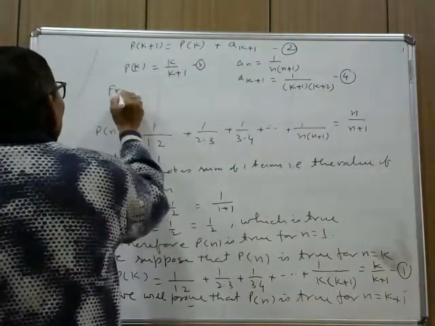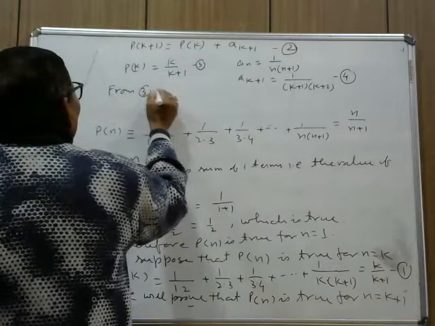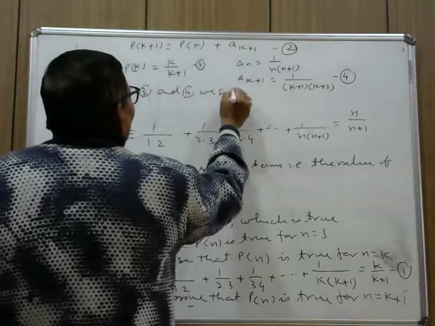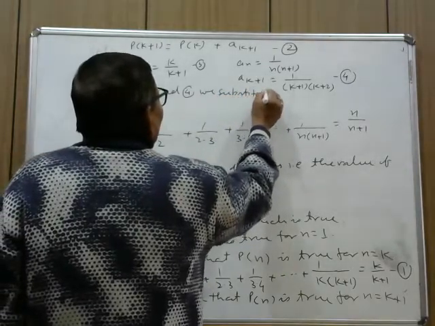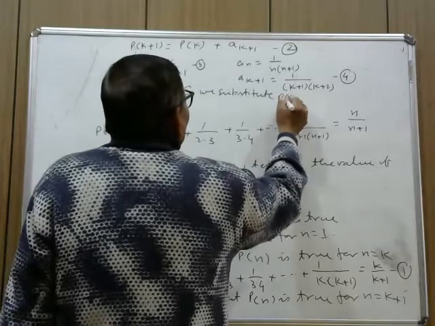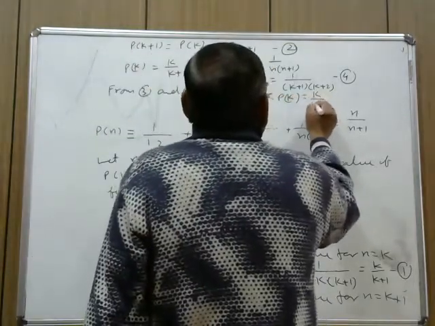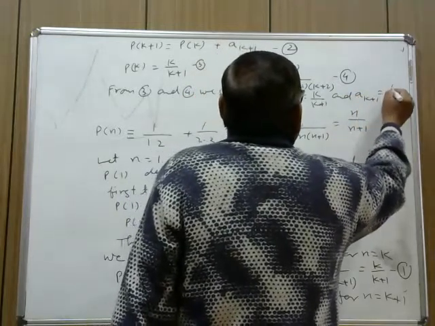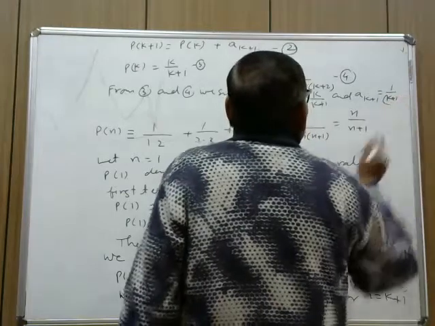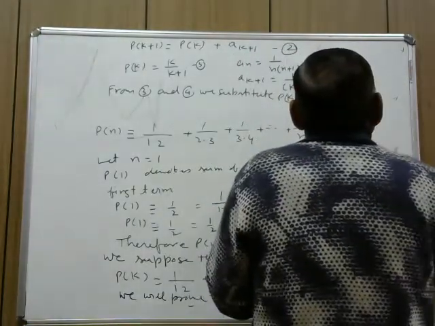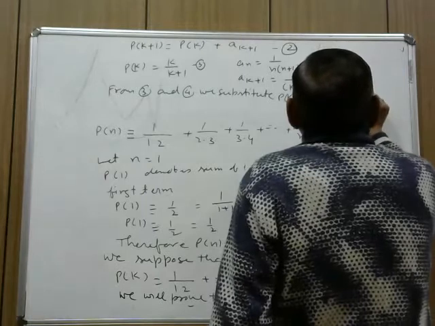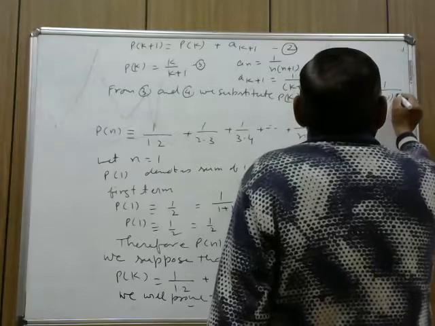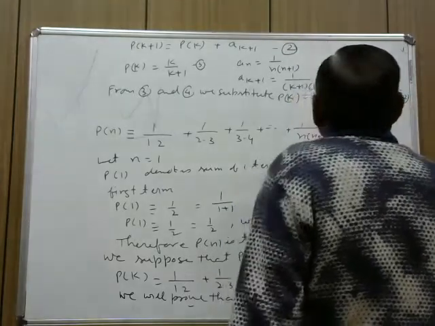From 3 and 4, we substitute Pk equal to k upon k plus 1 and ak plus 1 equal to 1 upon k plus 1 into k plus 2 in 2.